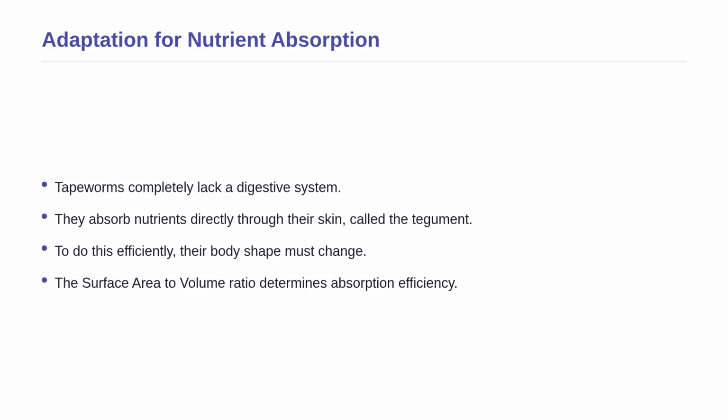But to absorb enough food to fuel that massive egg production we just calculated, a standard worm shape will not work. Their body shape must change to maximize contact with the food. In biology, the efficiency of absorbing nutrients from the surroundings relative to body mass is determined by the surface area to volume ratio.